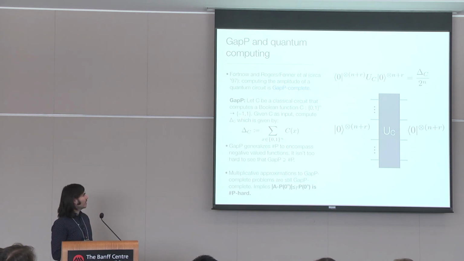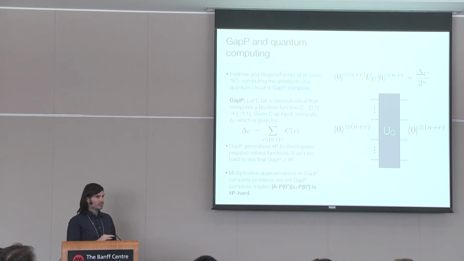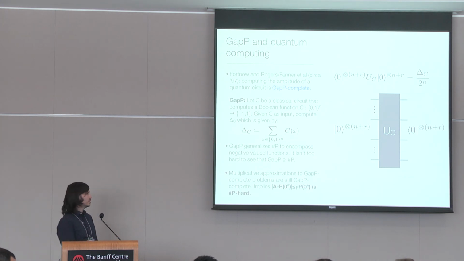showed in 1997 that evaluating quantum circuit amplitudes is a gap P complete problem. With a little bit of work, you can show that this implies that evaluating the output probability of a quantum circuit can in principle be sharp P hard. What do I mean by this, and how do you see this?